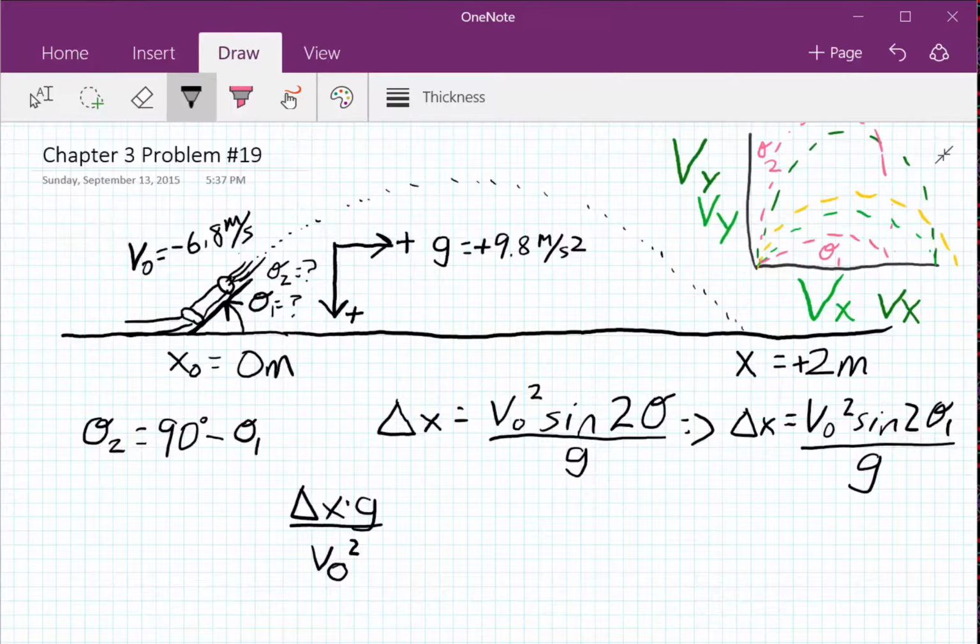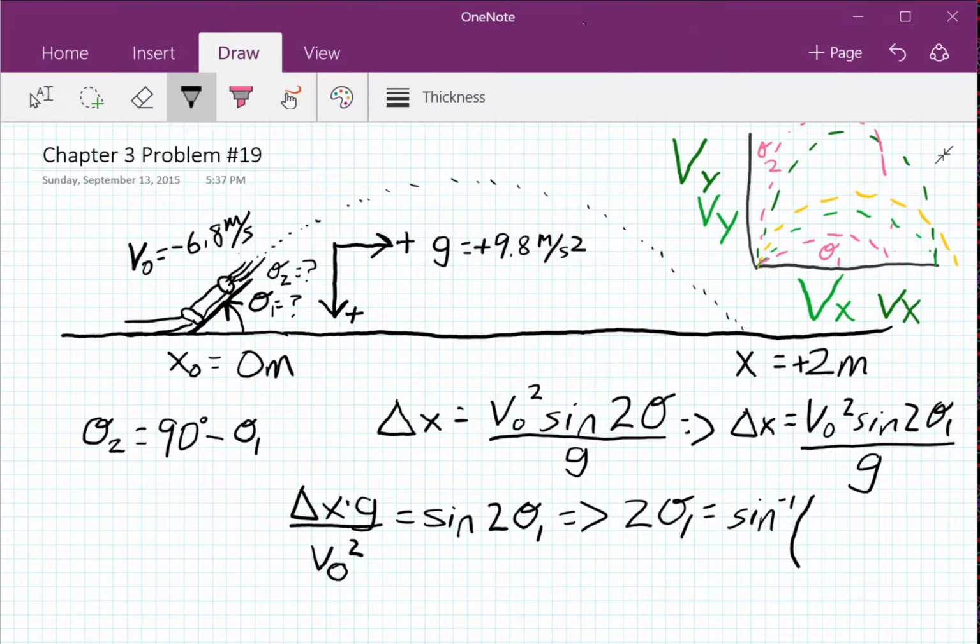That would all equal sine of 2 theta 1. Then you can take the inverse sine, so you'd have 2 theta 1 equals the inverse sine of delta x g over v initial squared.